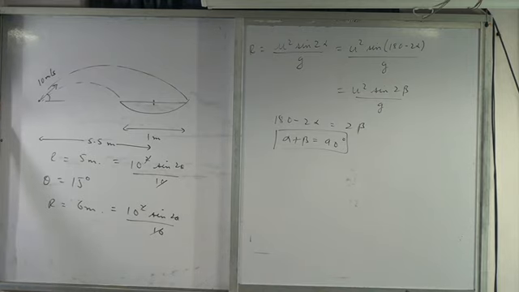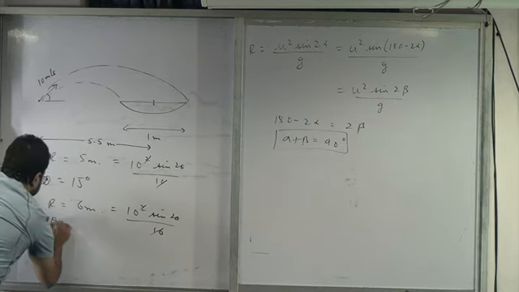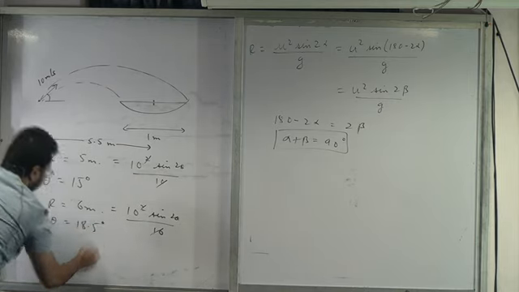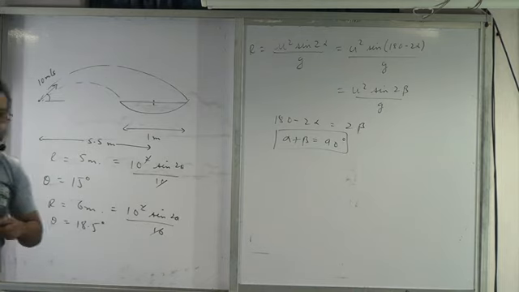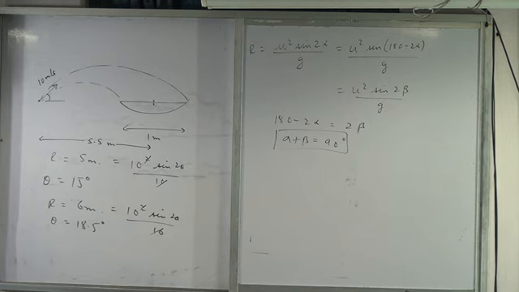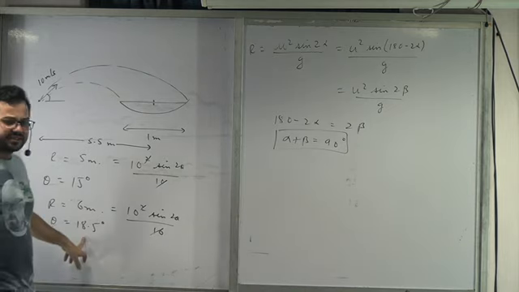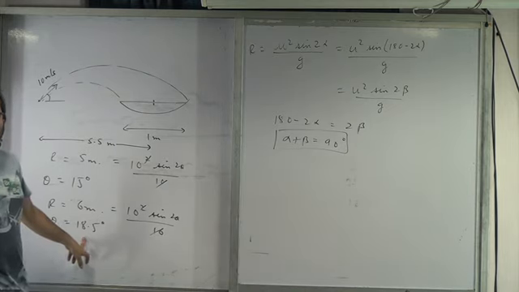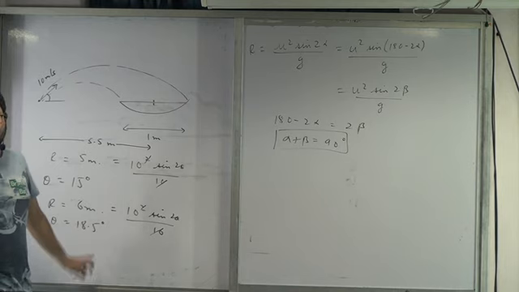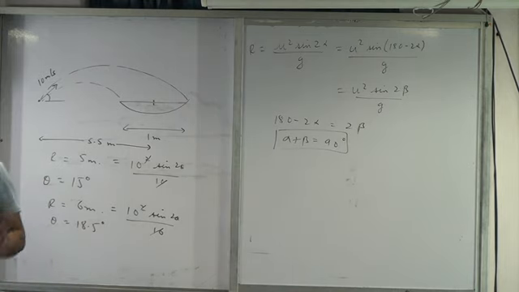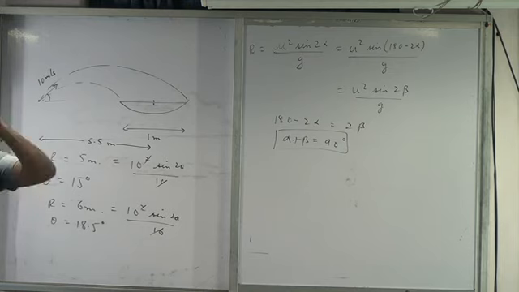So sine 2 theta is 3 by 5. So 2 theta is 37 degrees, so theta is 18.5 degrees. Do you get this? Is that clear? Now is this the answer? The minimum angle 15 degrees, the maximum angle 18.5 degrees. Is that the answer? Absolutely not.